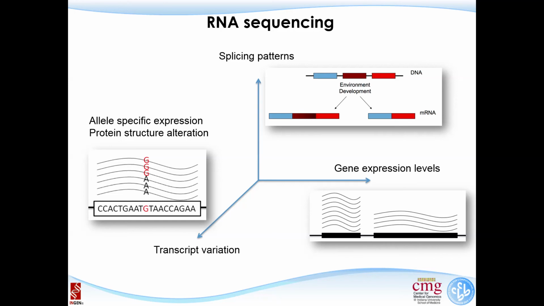If you do the analysis properly, you can study allele-specific expression, you can study RNA editing, and you can study a lot of things you would not be able to dream of using other technologies. So we just need to be creative and exhaust what is buried in the data.